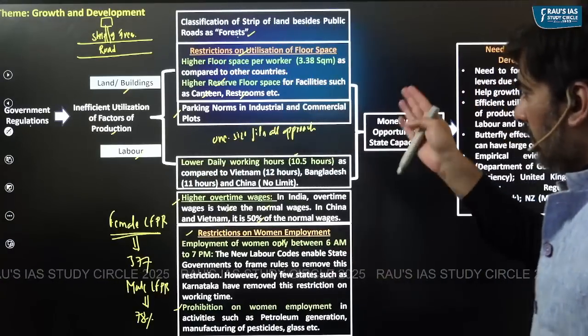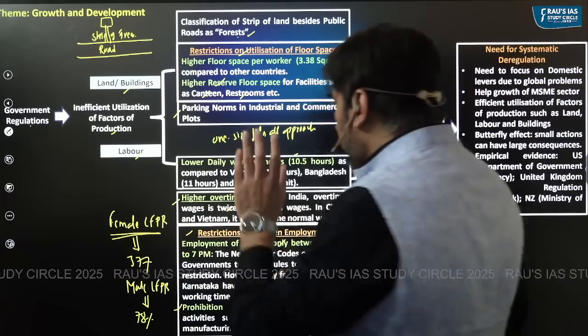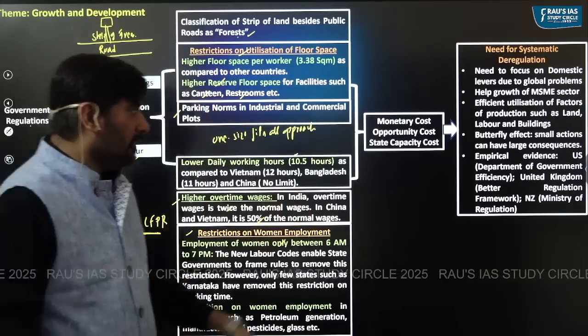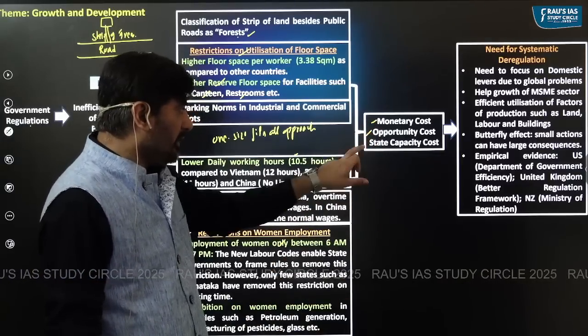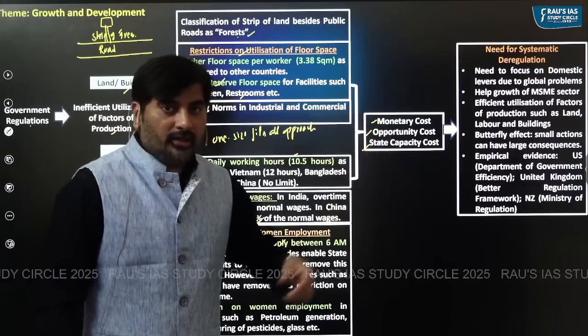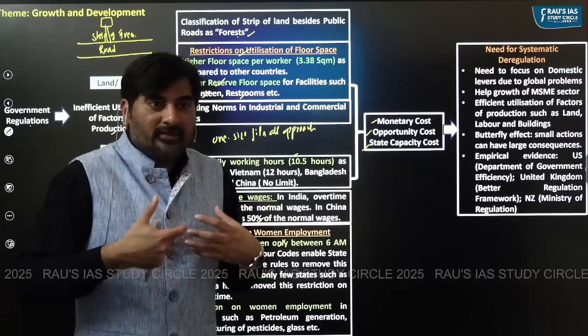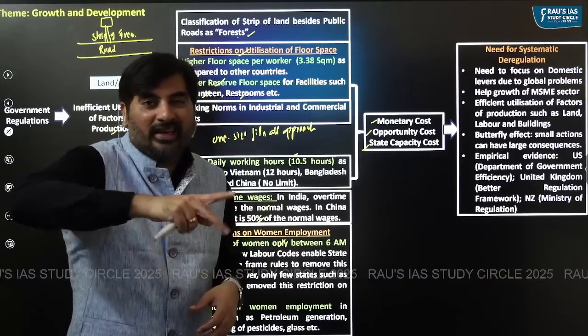So based upon what we have covered, the Economic Survey says that because of this over-regulation by the government, there is monetary cost, opportunity cost, and state capacity cost. Monetary cost means entrepreneurs would have to spend a substantial amount of money in complying with these rules and regulations.